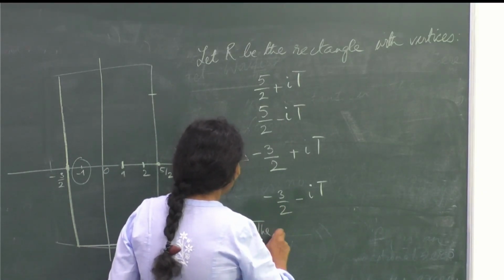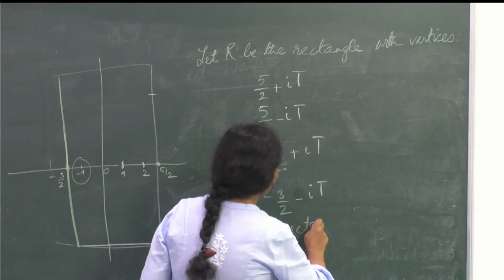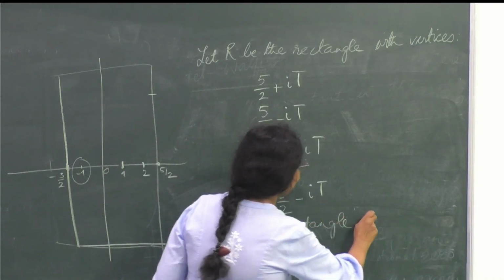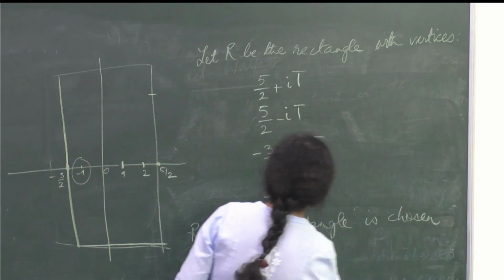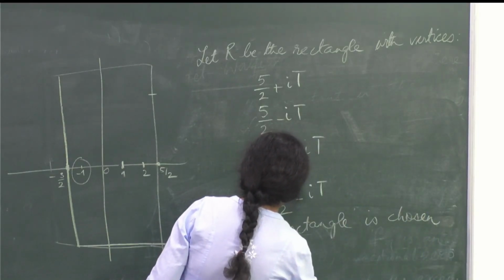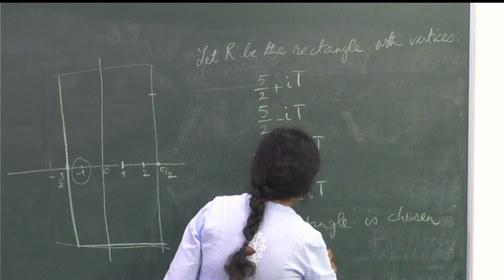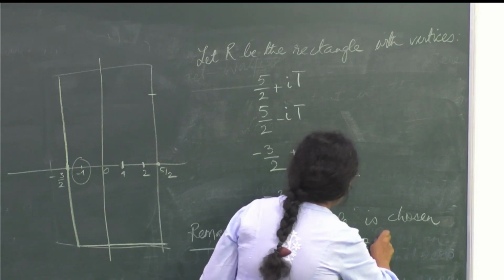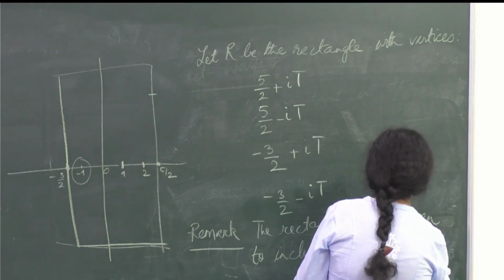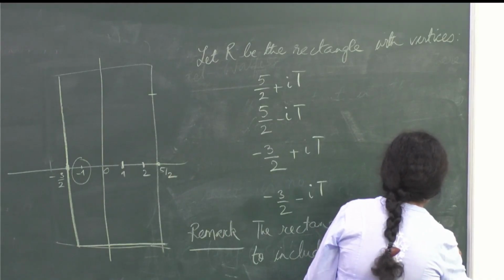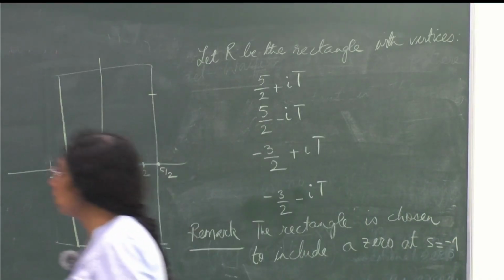The rectangle is chosen to include a 0 at s equal to -1. All right.